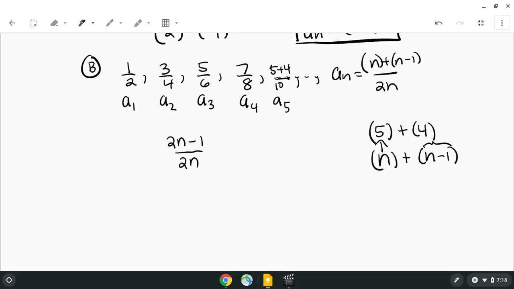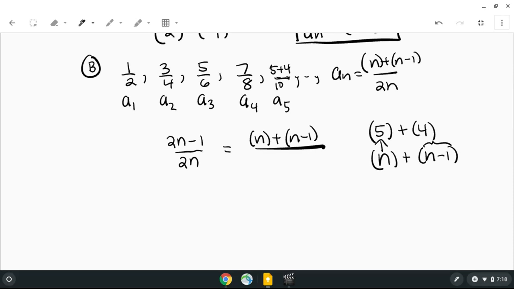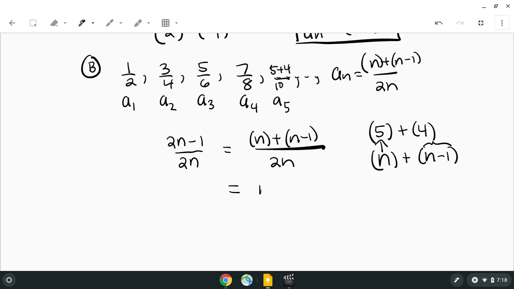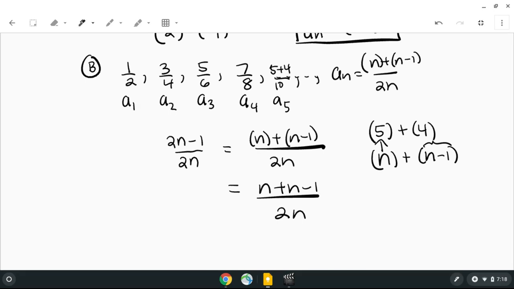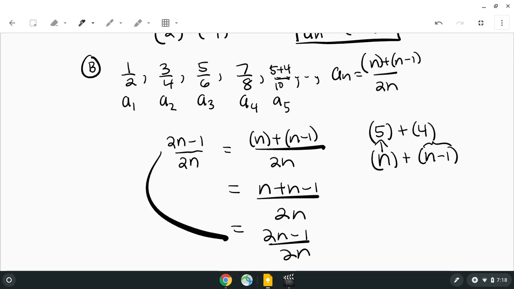If you saw that relationship, then you would have written n plus n minus 1 over 2n, okay? But you'll see if you work this top numerator out, removing the parentheses, you'll notice that you get exactly the same thing as you do here, okay?